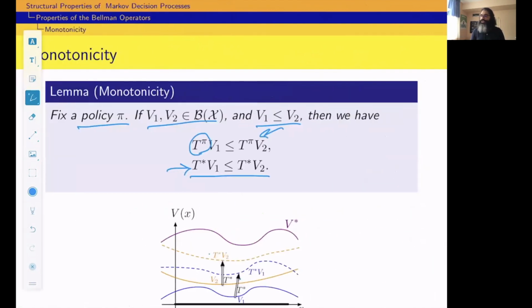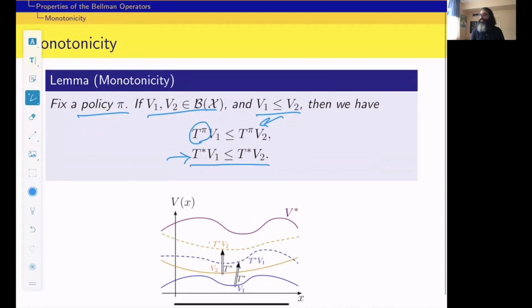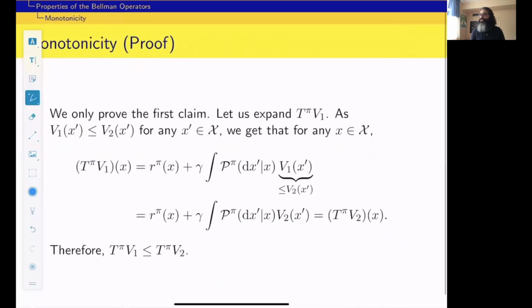Okay, so let's try to prove this. It's not complicated. We only prove the claim for T pi, not T star. Let's start by expanding T pi of V1, where V1 is smaller than V2.